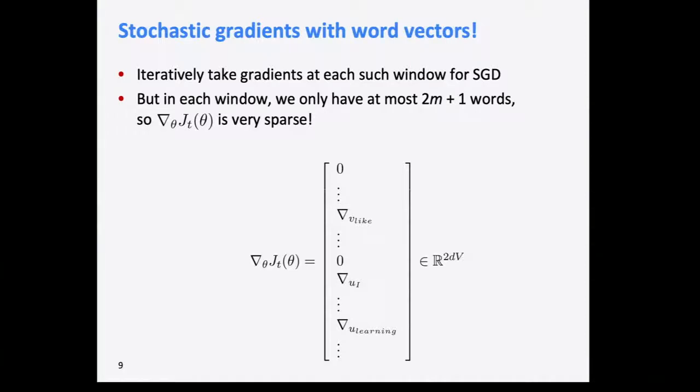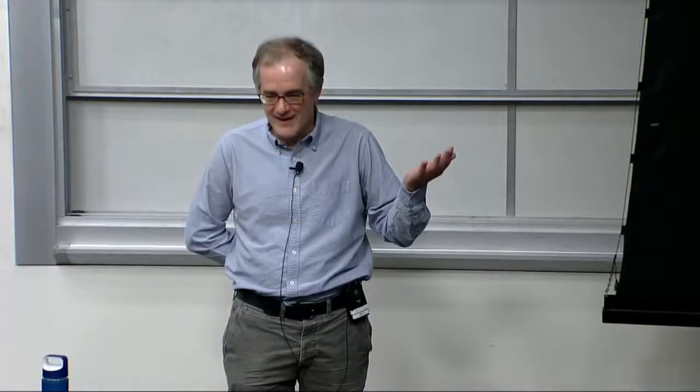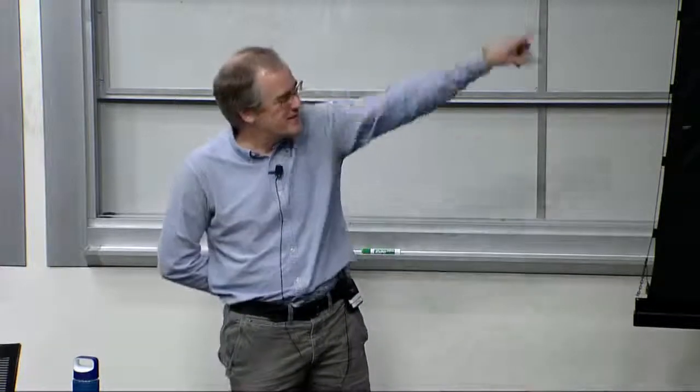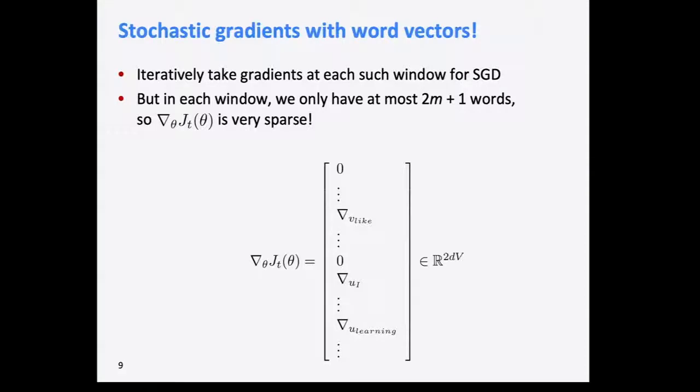So if you have a mini batch of size 32 and a window size of 10, probably there are only about 100 to 150 different words in it, yet we're building this model over a vocabulary of 250,000 words or something like that. So just about all of the elements in this vector are 0.